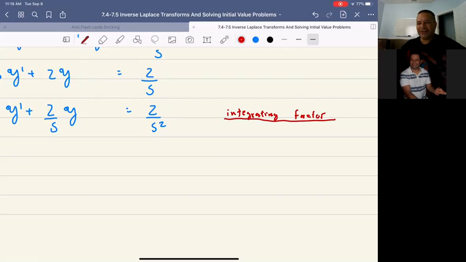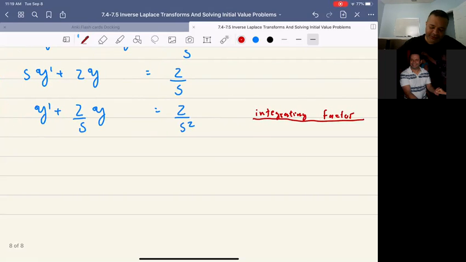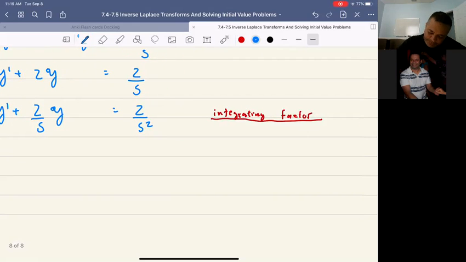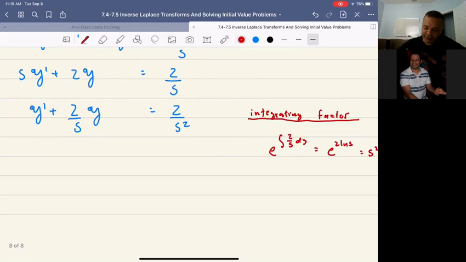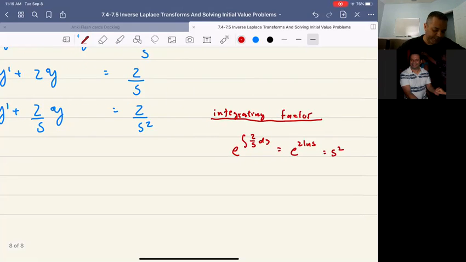So the integrating factor is going to be e to the integral of 2 over s ds, e to the 2 natural log of s, that's s squared. That's what we're going to multiply both sides by.